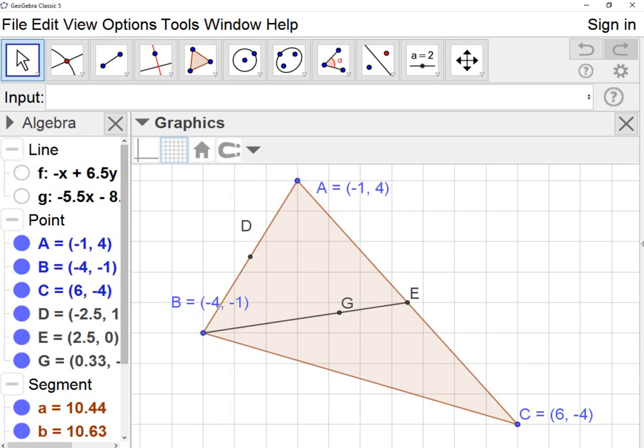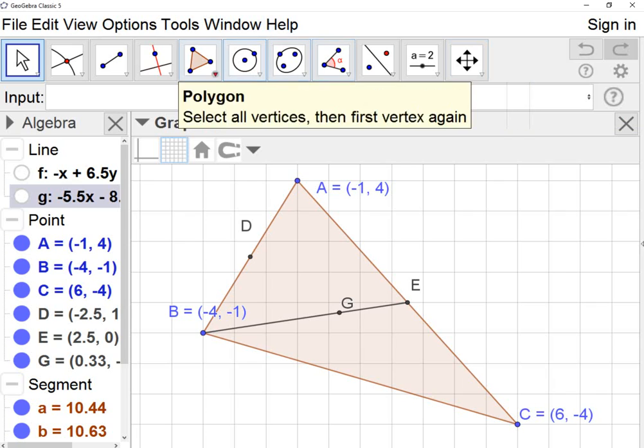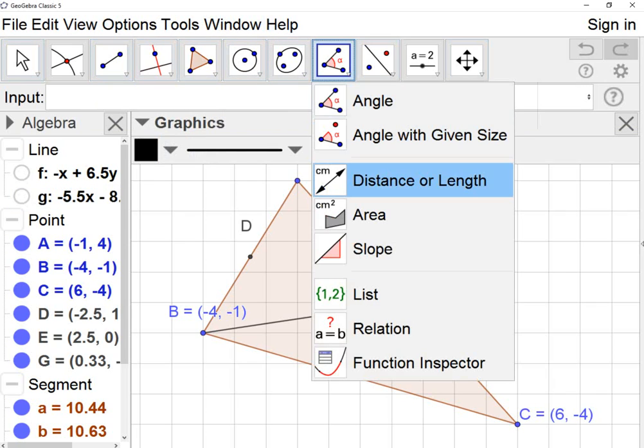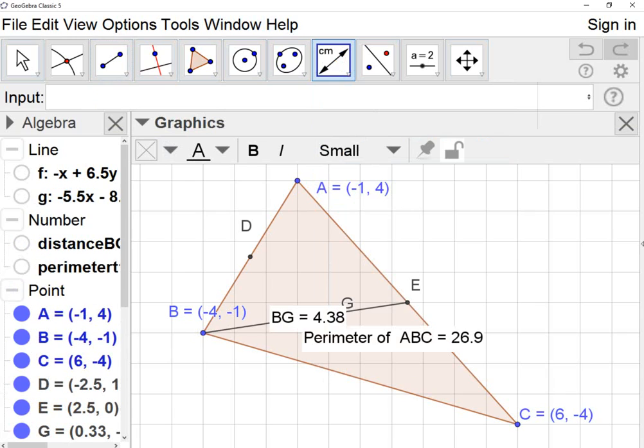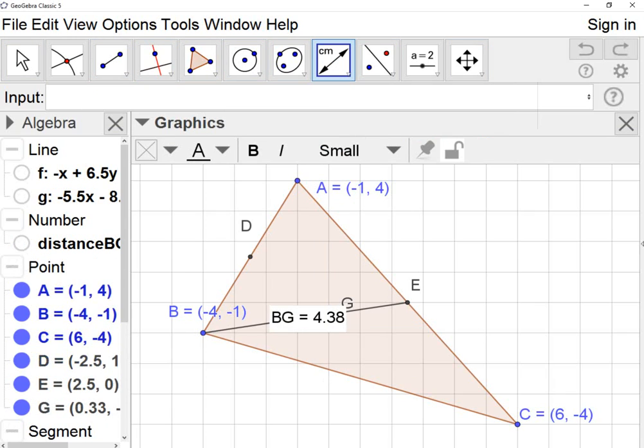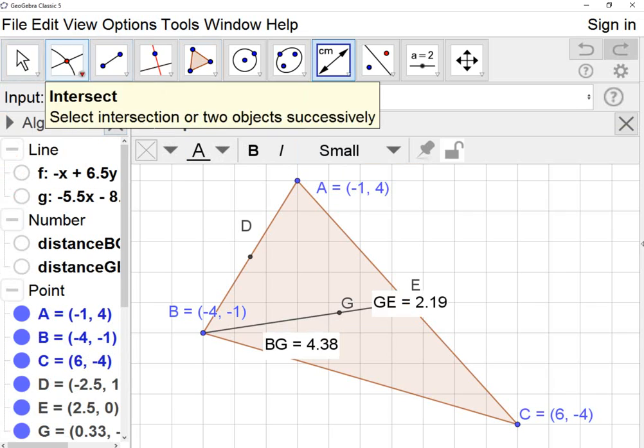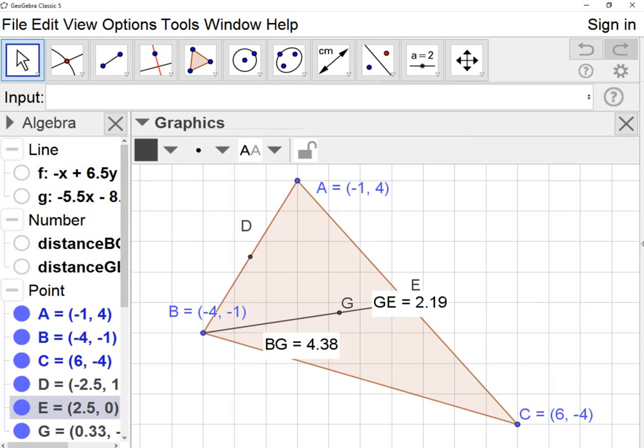I just got rid of the other line that helped make it. I just want to look at G and its position compared to point B and point E. I'm going to find 3 distances here. I'm going to take the distance from B to G, and the distance from G to E. Let's just look at those two right now.